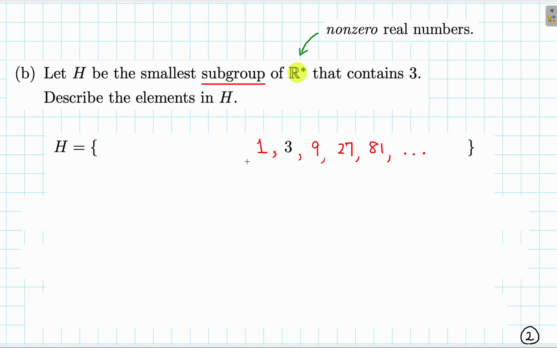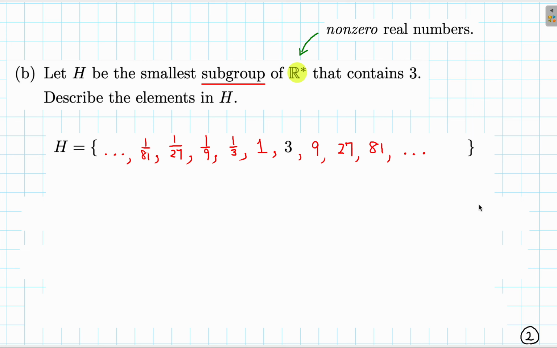What else? Well, the inverses. If 3 is in H, then its multiplicative inverse, 1/3, should also be in there. And likewise 1/9, 1/27, 1/81, and so on, going in the other direction as well.